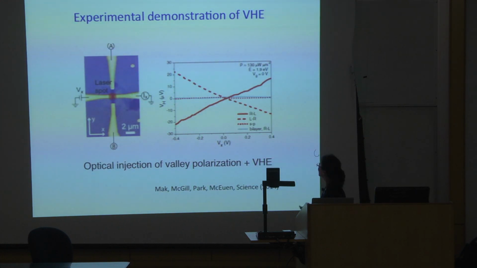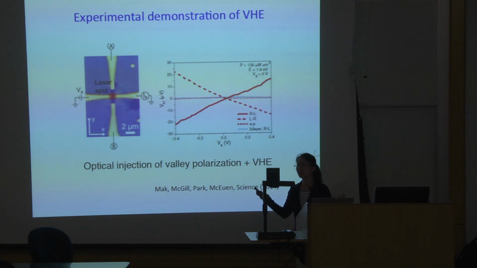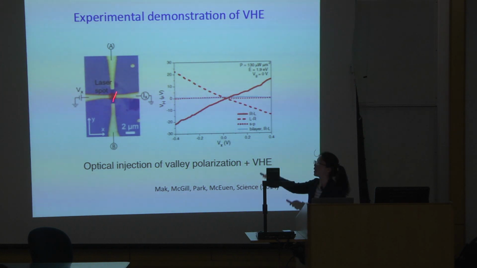So the trick those guys played is to use the optical selection rule I mentioned before. They pump this system using circularly polarized light of a well-defined handedness. In this case, you're going to break the balance between K and K prime electrons. And that way, because of the anomalous velocity, you will be able to pick up Hall voltage when you bias it.